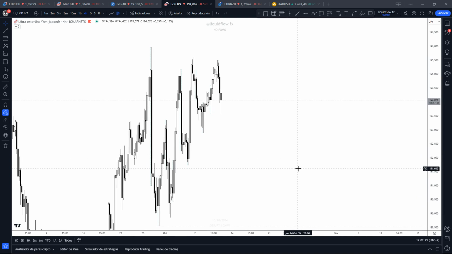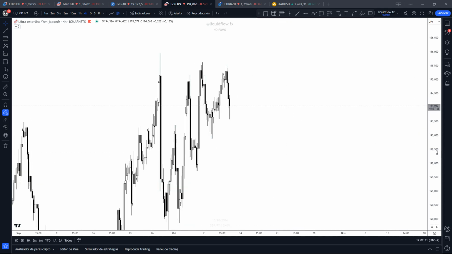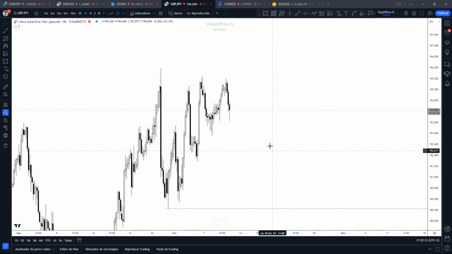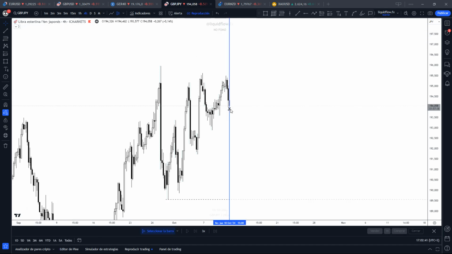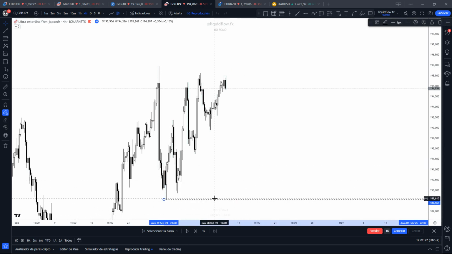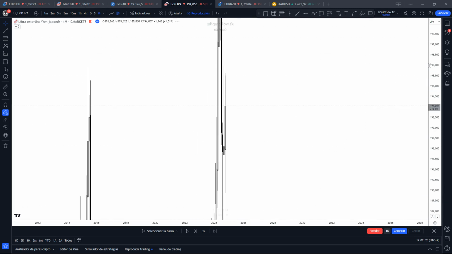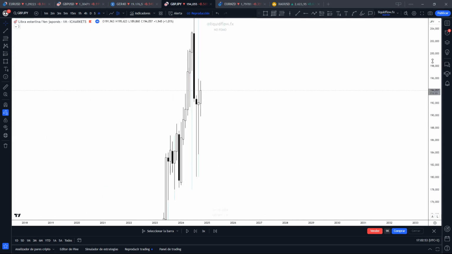We have five different types of fair value gap. But now what's important to keep in mind is what is happening in the higher time frame. This morning when I read this one, what did we have at that moment in time?